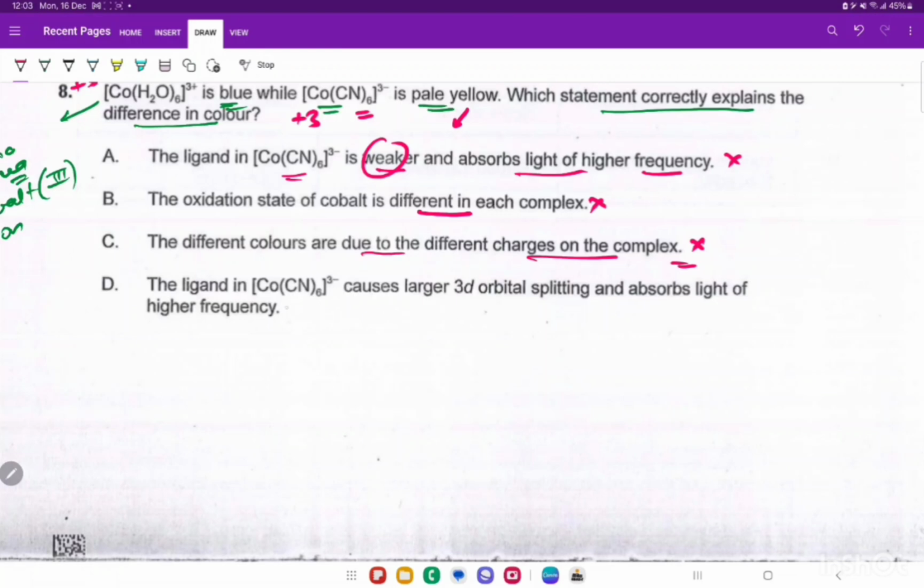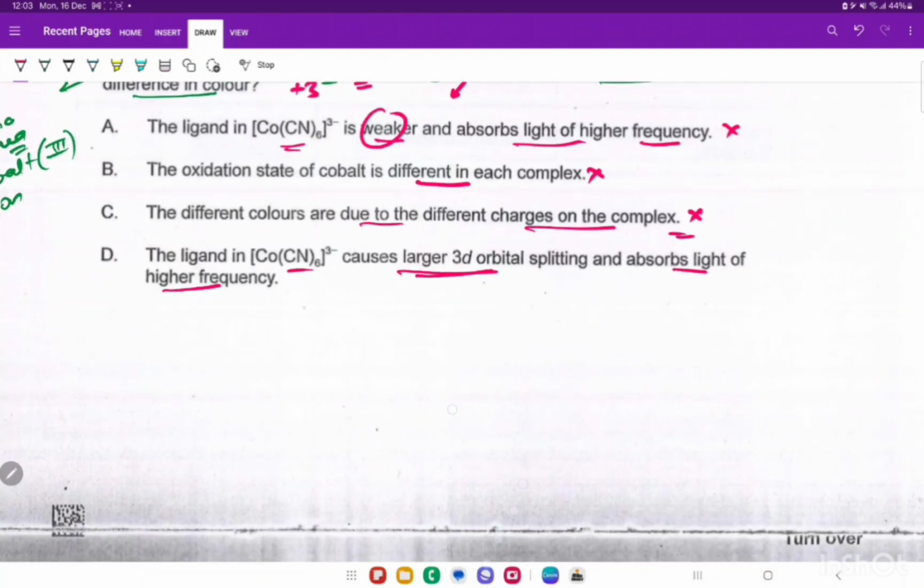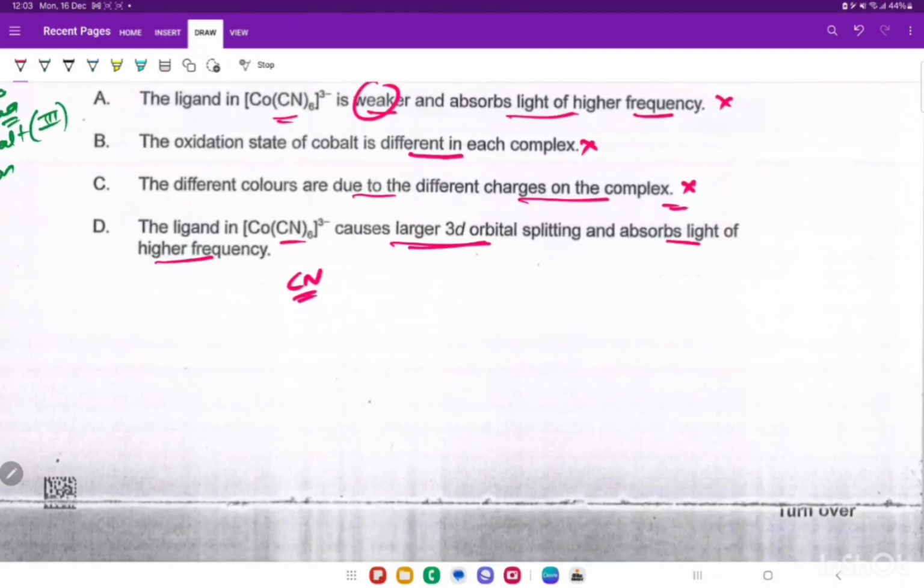Now, next is the ligand CN causes a larger d orbital splitting and absorbs light of higher frequency. Cyanide is a strong field ligand as compared to water, which is a weak field ligand.